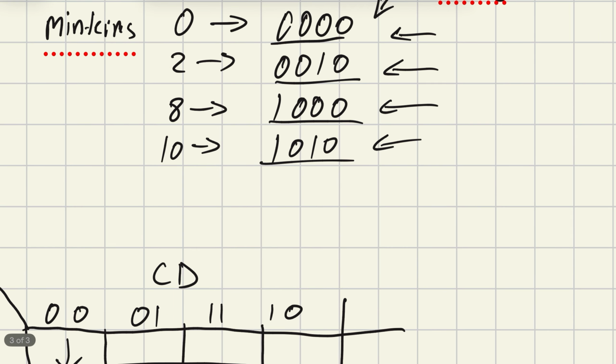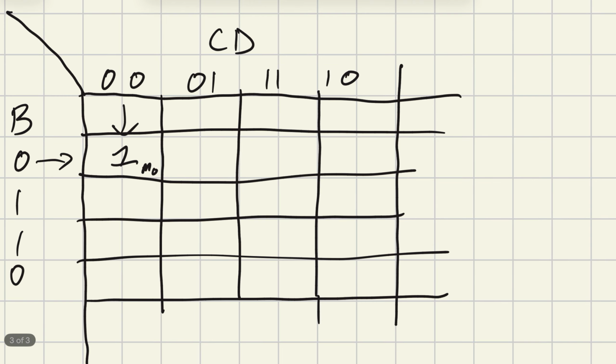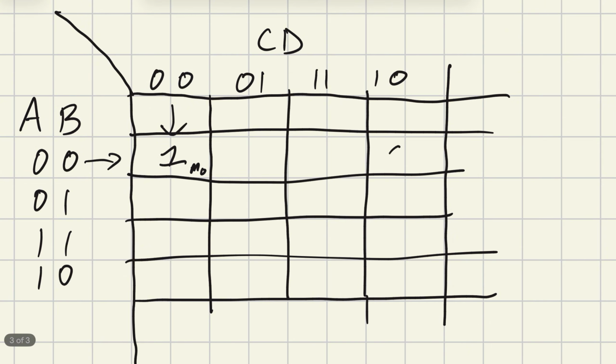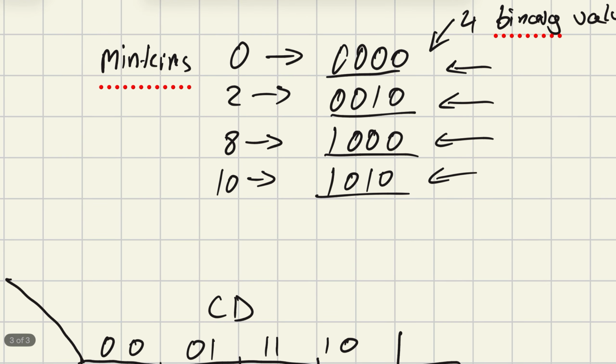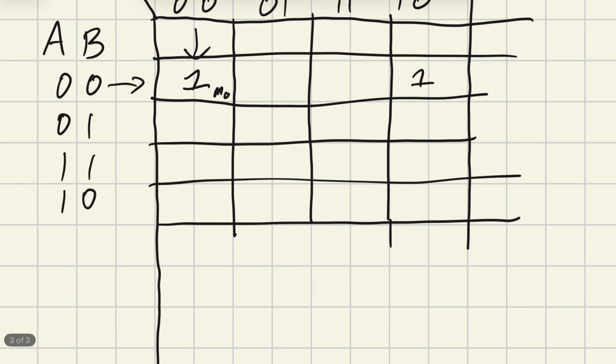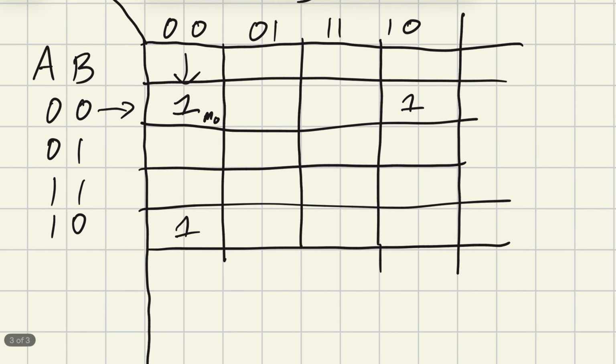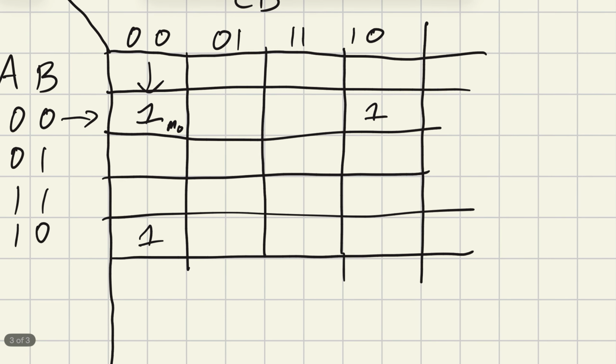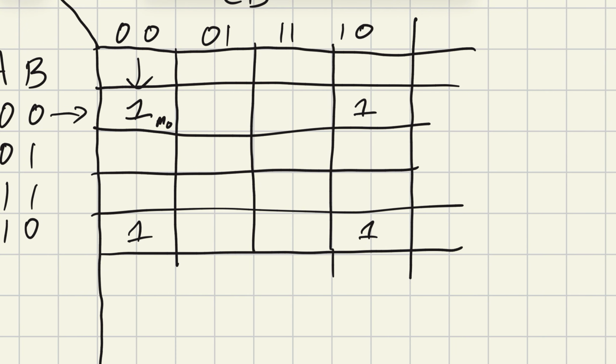Then you can go ahead and do 0, 0, 1, 0, which is over here. Then you can do 1, 0, 0, 0, which is here. And 1, 0, 1, 0, which is here. So it would be minterm 2, minterm 8, and minterm 10.